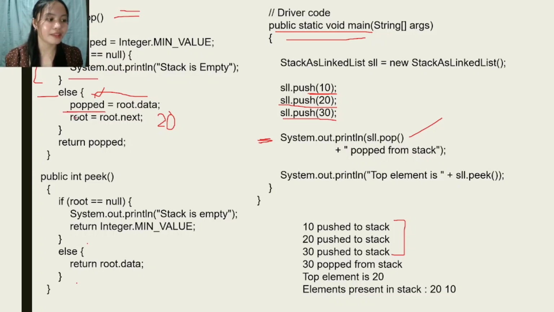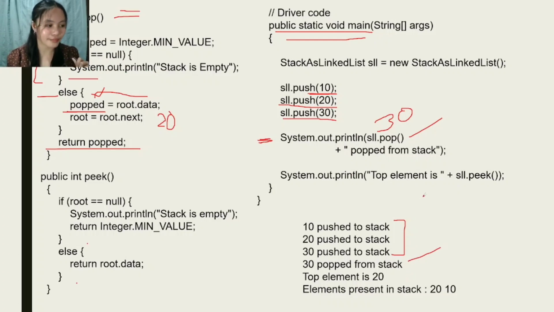It has been deleted and returned to our pop method. So the value of this one is 30. So this will print on screen 30 popped from stock, which is this one.